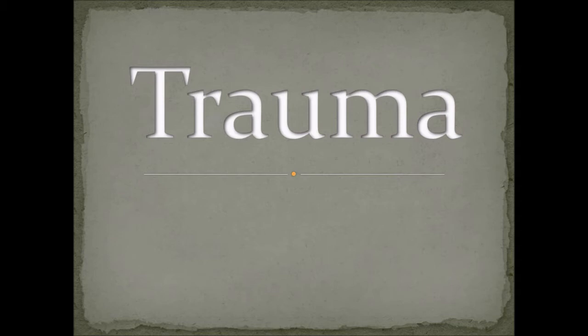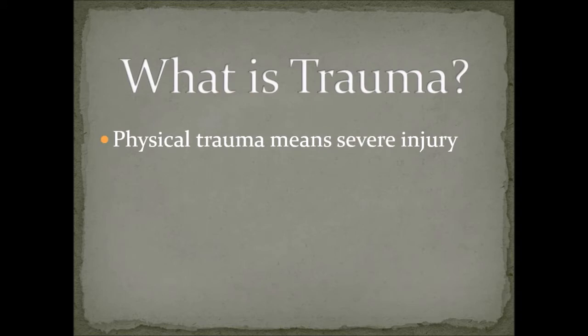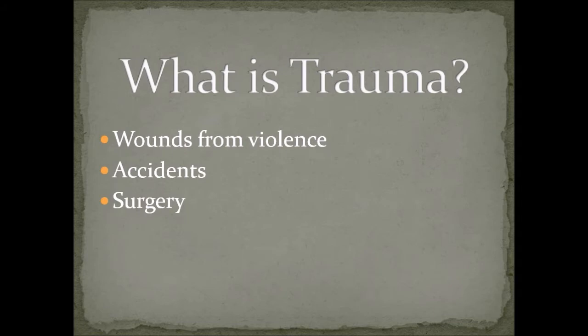Okay, well, let's first start by defining what trauma is. Physical trauma means any severe injury. That is, if something happened to the individual that was severe enough to mark the bone, break the bone, or somehow show us that it happened in a skeletal context. For example, wounds from violence.